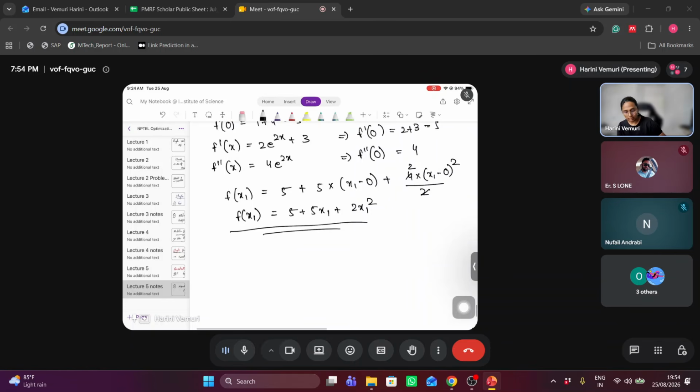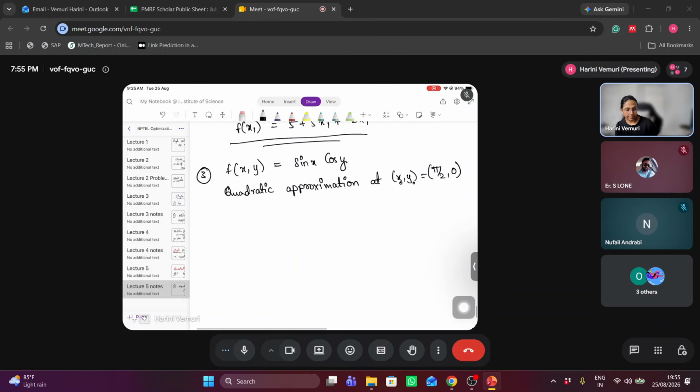So next is, we have a function f of x comma y equal to sin x cos y. Can you get the quadratic approximation at x naught comma y naught equal to pi by 2 comma 0? So this is a multiple variable problem, x comma y, and the function is sin x cos y.